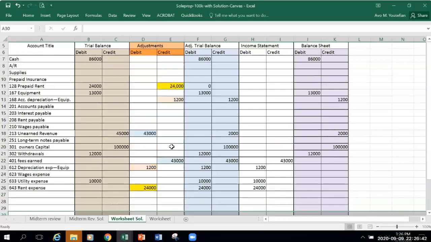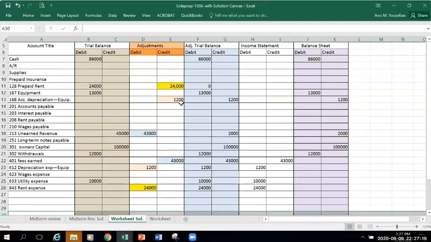And we provide some accrual adjustments, deferral adjustments, or depreciation expense recognition. In this case, prepaid rent is an accrual adjustment. We paid someone $24,000, but all $24,000 has been used. So you reduce the asset by 24 to make it 0, and here you record rent expense.